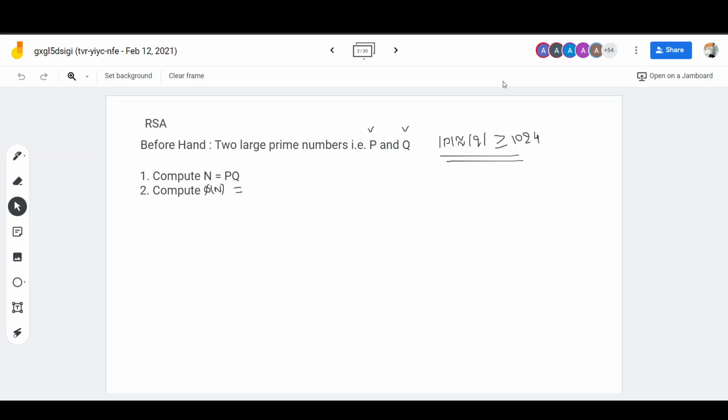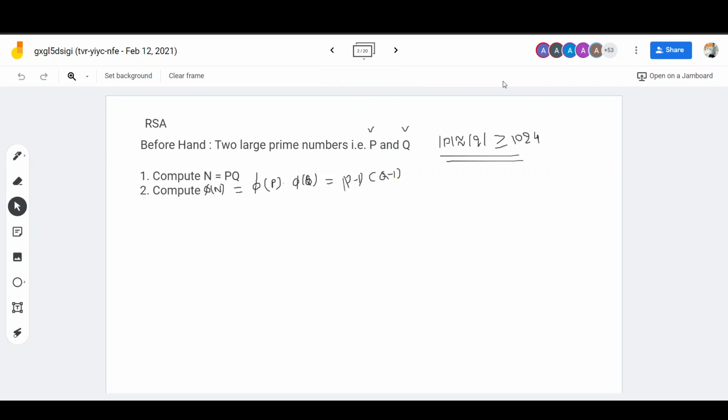So here, how many relatively prime numbers are there? Very easy to find: phi of p multiplied by phi of q, which is equal to (p minus 1) into (q minus 1).